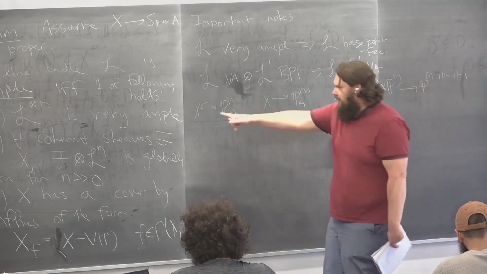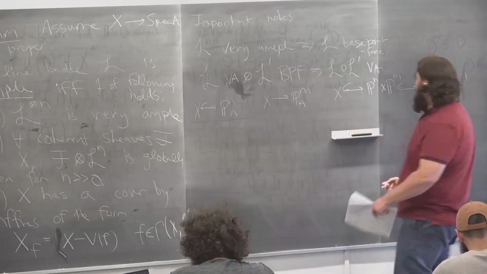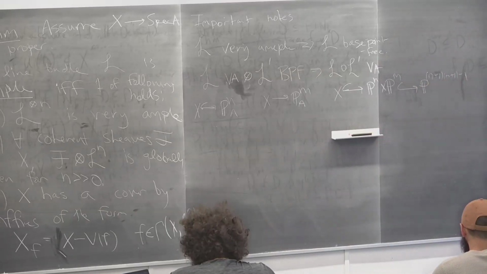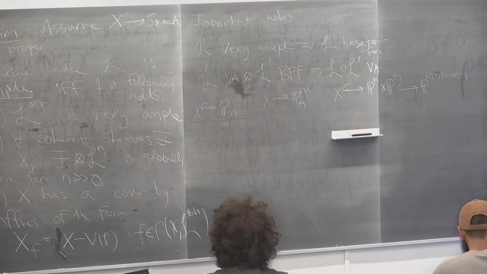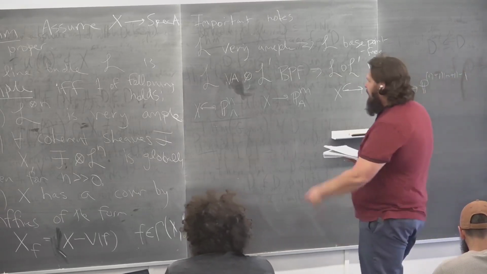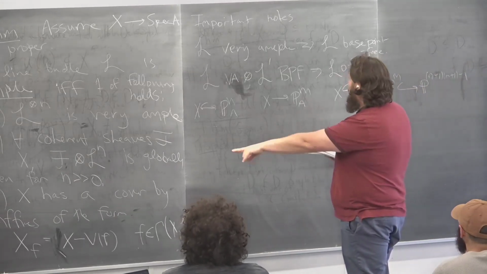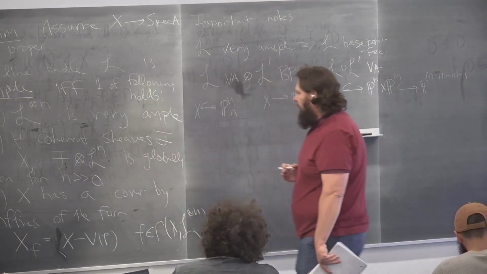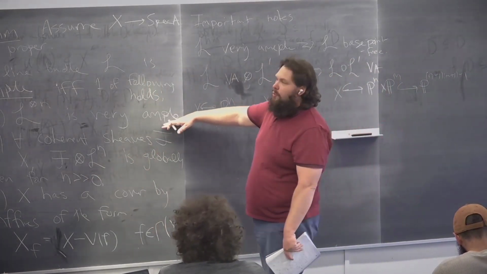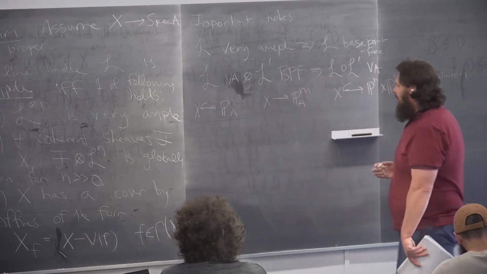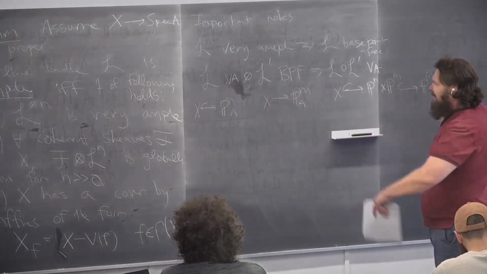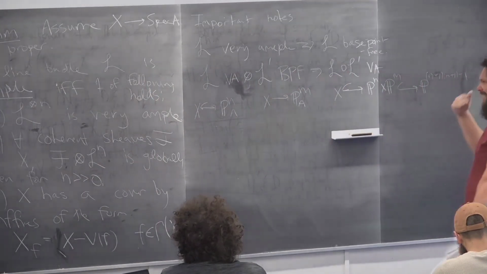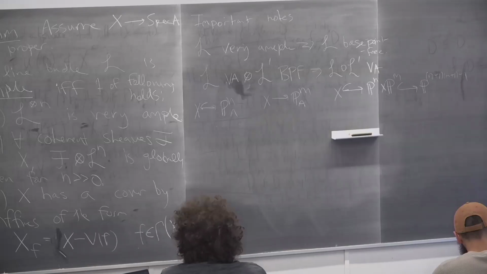And the fact that one of these factors is a closed embedding implies that this is a closed embedding. Note, this is enough to tell you why you could require that every sufficiently large power is very ample, because if you play with this a little bit, you can get a big enough power where everything is a very ample line bundle tensored with a base point free one.